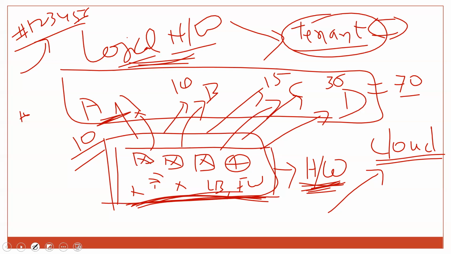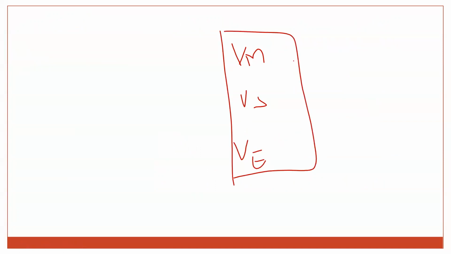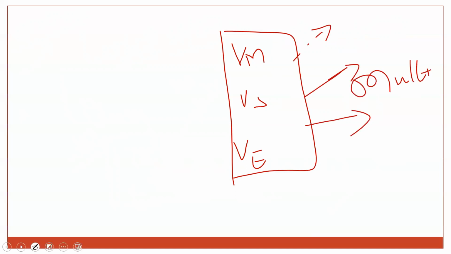Now, once you understand this tenant, what is multi-tenant? Let me clean this. Now you have your vManage, right? You have your vSmart. You have your vEdge devices. If you somehow divide these resources among multiple customers, then they will support multi-tenancy.